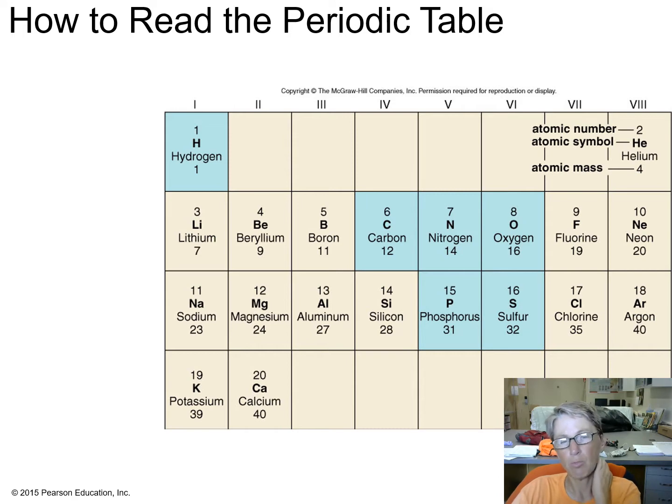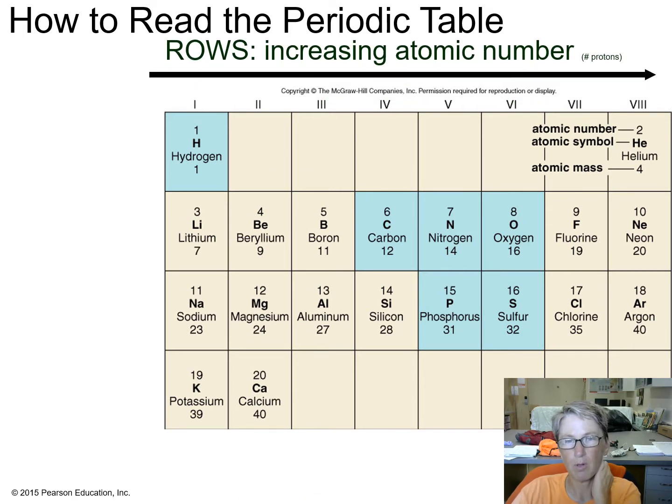Okay, some more tricks on reading the periodic table. As you go from left to right across a row, the atomic number, that's the number of protons, increases. Hydrogen has an atomic number of 1, helium has an atomic number of 2, lithium has an atomic number of 3.